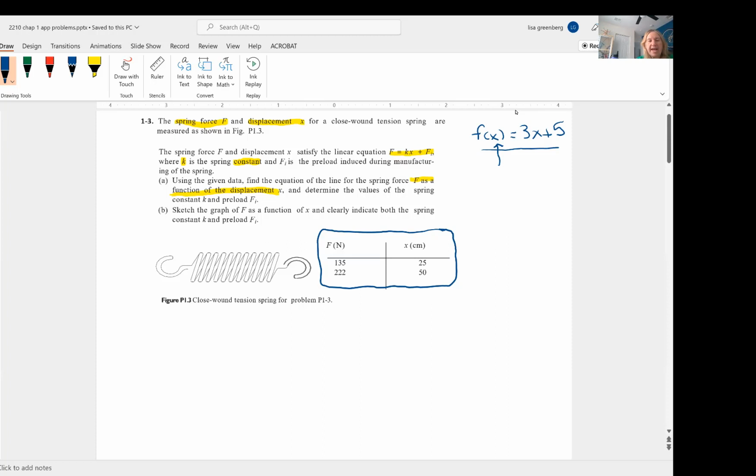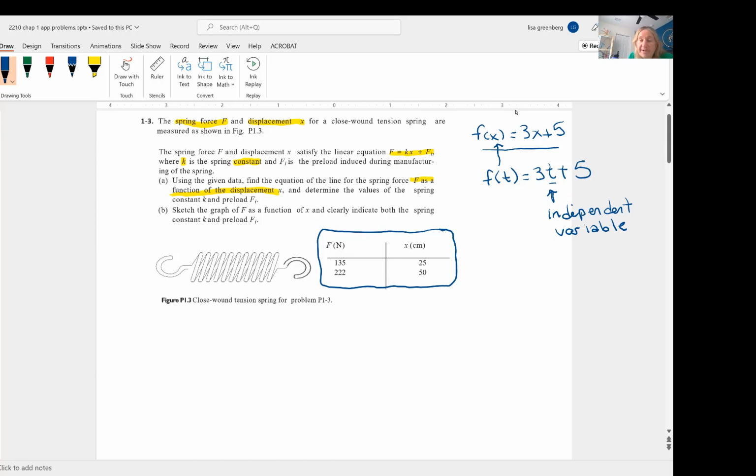If I want F as a function of time, so displacement is distance. So this is going to give me something that's going to show me some distance. But I might have another type of question that asks me something as a function of time. So all I'm saying is that now I would have F of t, where t is time. This is called the independent variable. Why is it the independent variable?